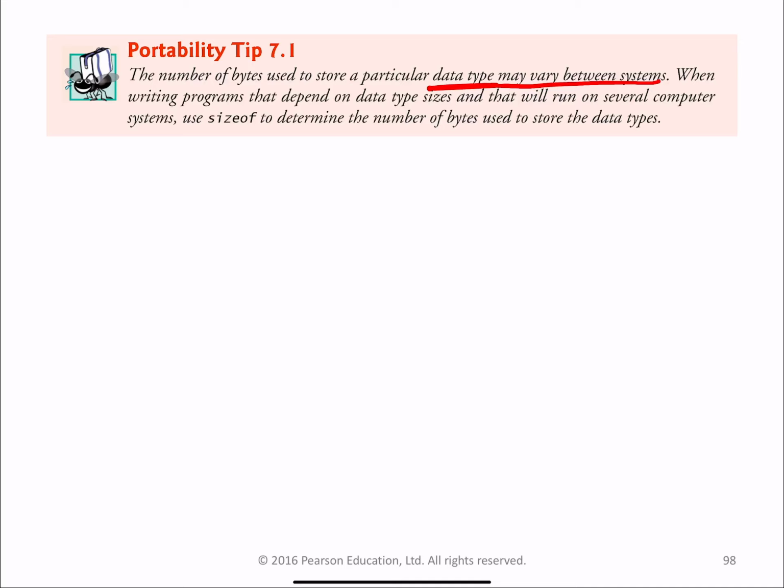It can be different on a Raspberry Pi, on an Arduino, on a PC, on a 32-bit PC, on a 64-bit PC, etc. So the exact numbers that you see for this code, if you run it on a different machine, can be different.